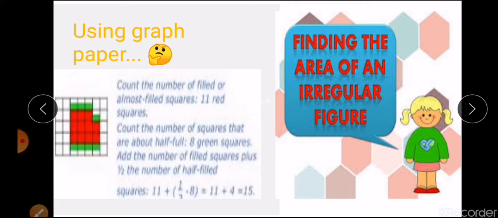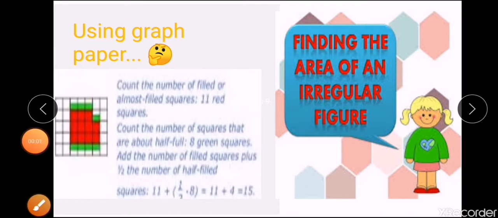Now two halves you will count as 1, and those squares which are having more than half but not completely 1, you can count as 1. Now altogether you can add and write the value together, which will give you the approximate area of the irregular shape you are having.